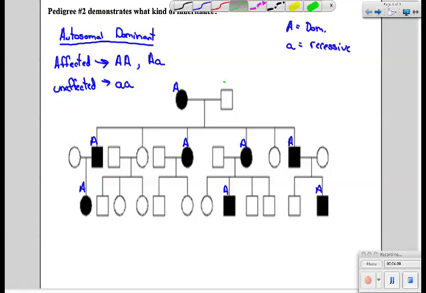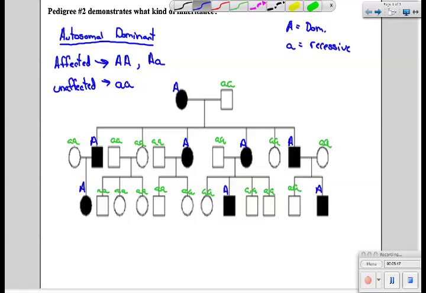So all of these open circles, we can deduce are little a's.